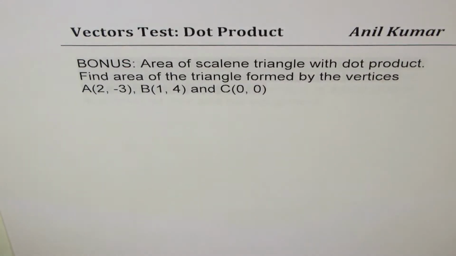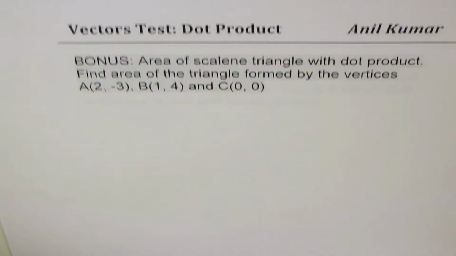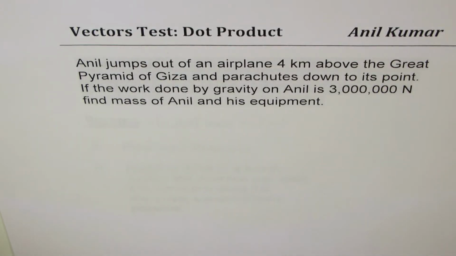Based on this, we have a bonus question where we'll try to find the area of a scalene triangle using only dot products. Remember, cross product cannot be applied for R2, right? That's valid for R3. And then we'll have an application question based on work done.